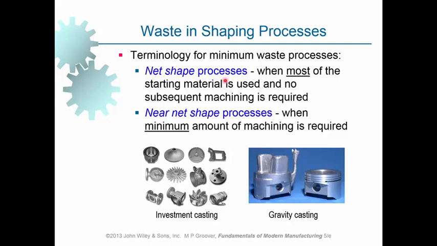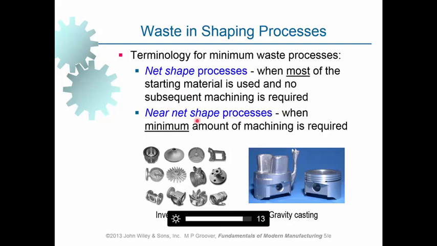Those are net shape processes, that is applied when most of the starting material is used and it doesn't require any subsequent machining operations, so we are not wasting the material at all, and all of the material that was present initially has been converted into the final shape, and there is no wastage of the material.